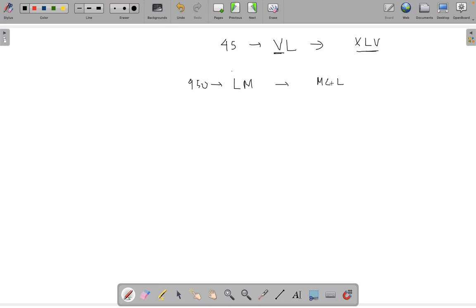MCL. Okay. So can you tell me the value for this? Just calculate as if you have not seen this number. MCL is 1150. So it is CML, because this is 900 and then this is 50.